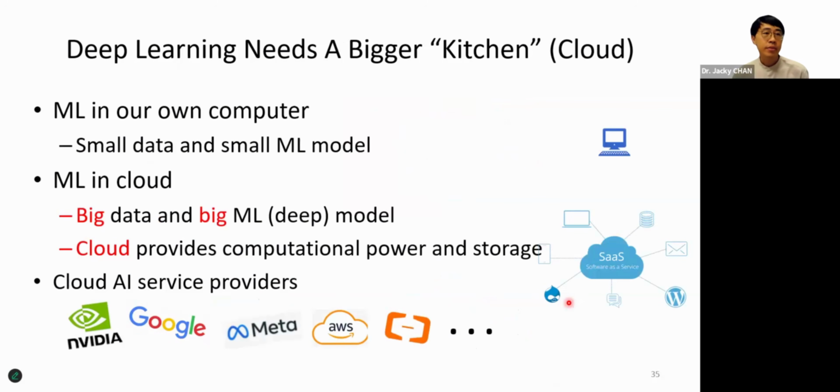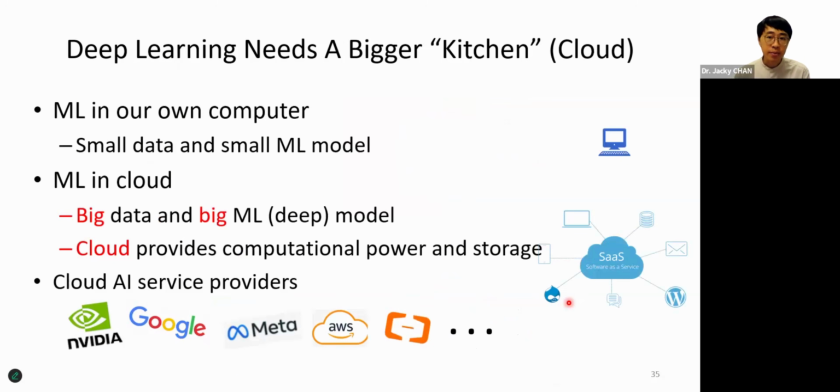Because it is so powerful, it also requires more resources. If we use cooking as an example, it will require a bigger kitchen, which means cloud computing.